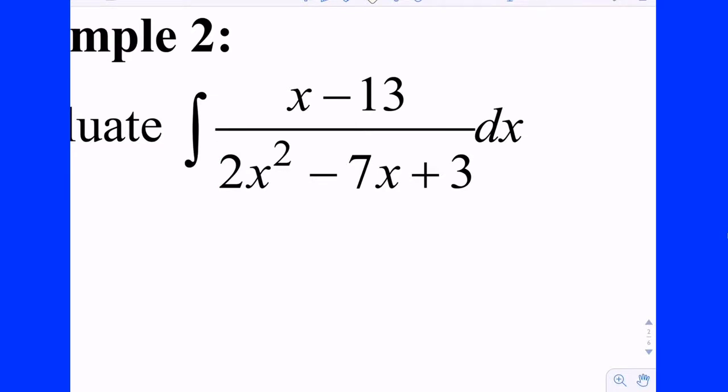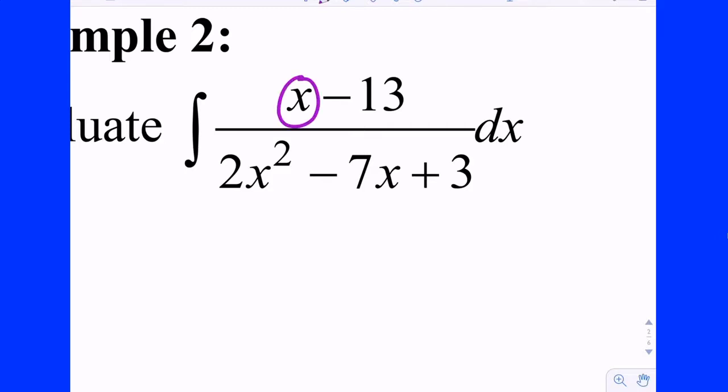Long division. Is that a good candidate for long division? No, because that only works when the degree of the numerator is what compared to the bottom? Larger or equal to. And we have one that's already smaller, so that's no good. What to do, what to do, what to do.